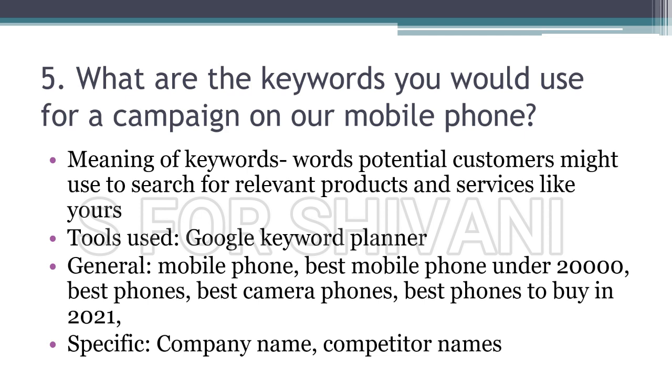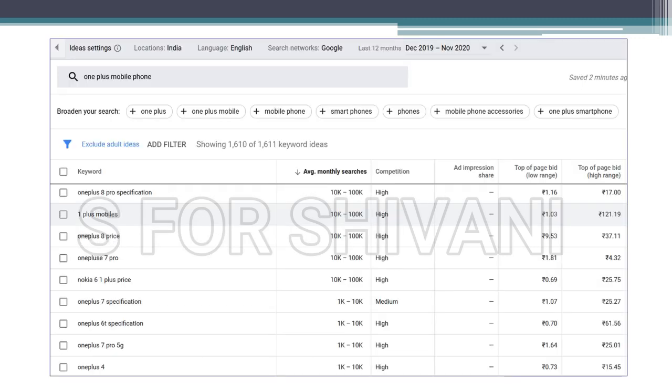I'm just giving an example. Best phones to buy in 2020, 2021 and things like these. And you could also be using specific keywords like Samsung phones, OnePlus phones, and the names of the competitors. So all these are important keywords because these are the words which you as a customer are using to look for a product.